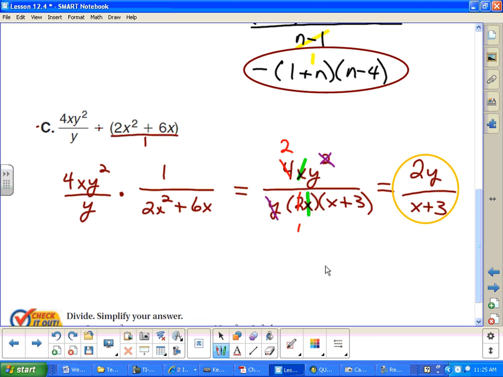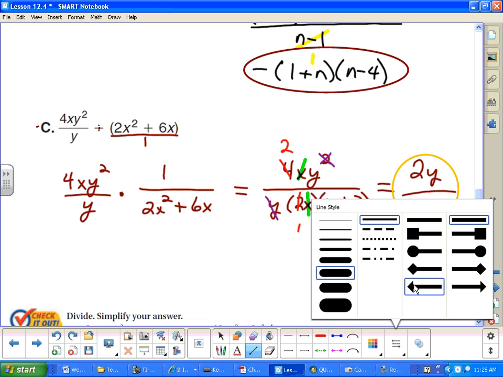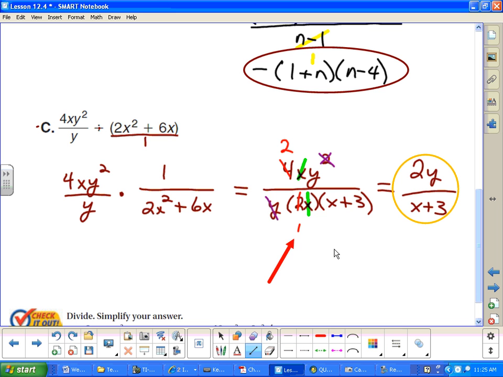All right, I was able to factor here or cancel here because I had the common factors. Where over here I couldn't do it because I have that plus sign in between there. So these have to stay together, 2x squared plus 6x here.